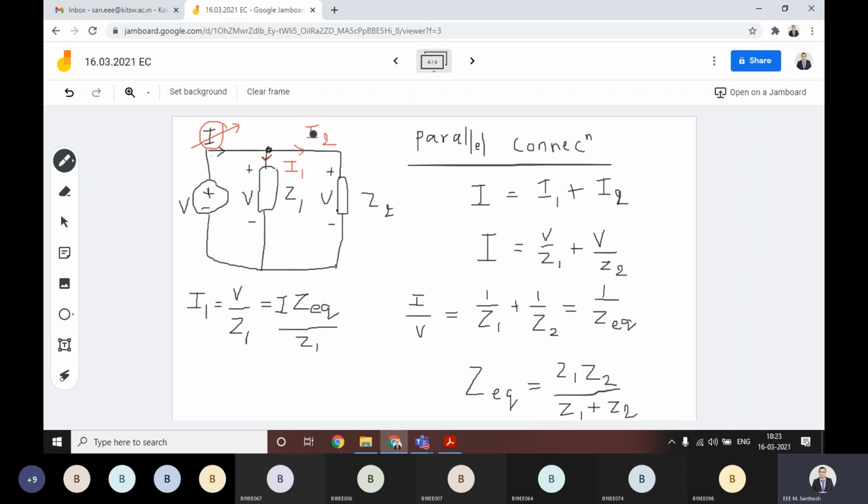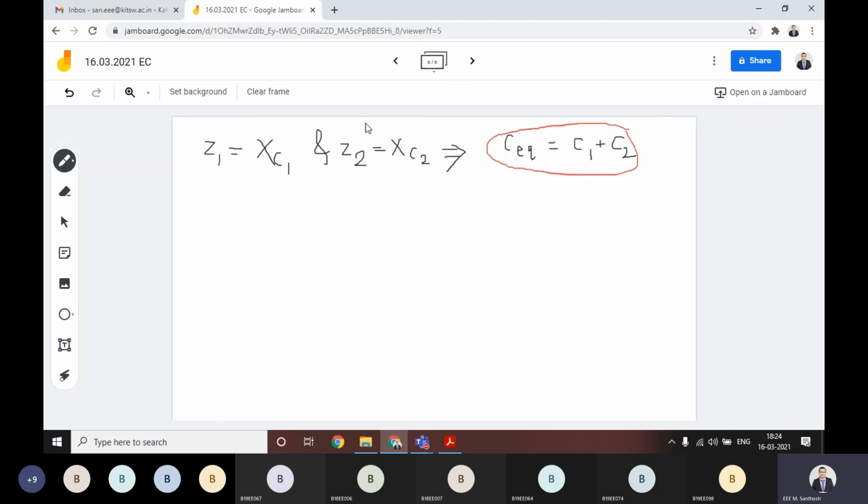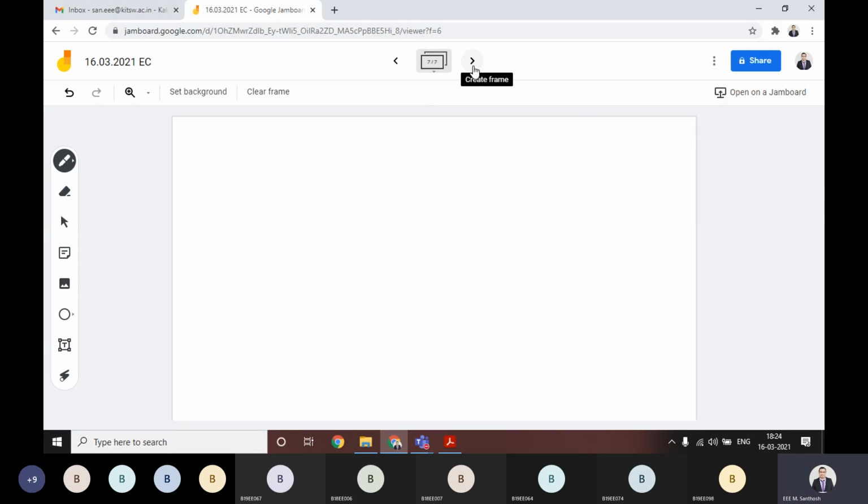Similarly, we will have different kinds of divisions based on the number of branches. I hope it is clear for you. Do you have any doubt at this stage regarding series parallel connection? I hope it is clear for everyone.